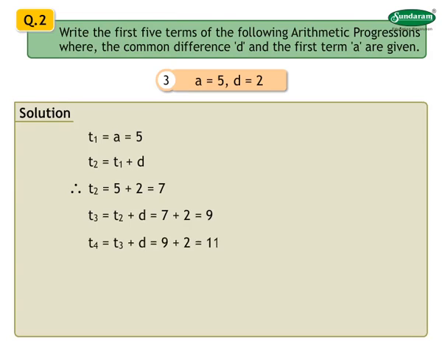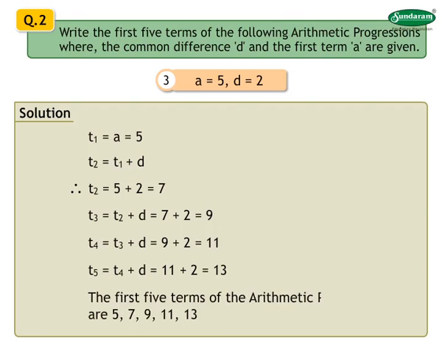T4 is equal to T3 plus D is equal to 9 plus 2 is equal to 11. T5 is equal to T4 plus D is equal to 11 plus 2 is equal to 13. The first 5 terms of the arithmetic progression are 5, 7, 9, 11, 13.